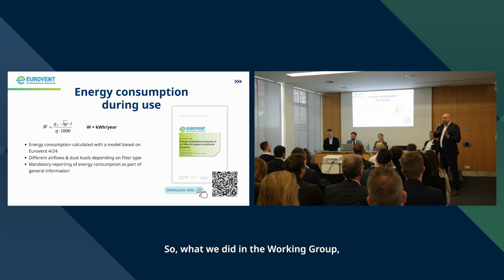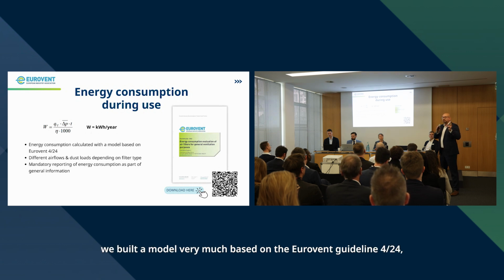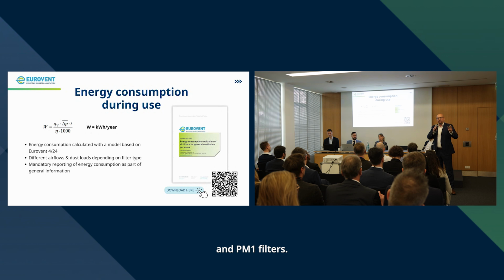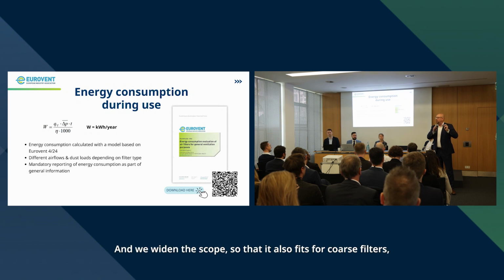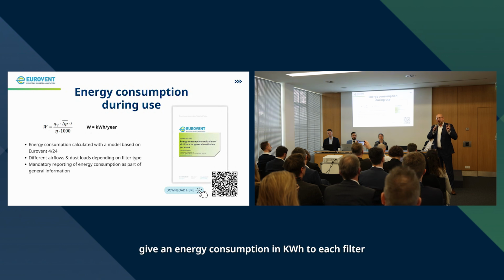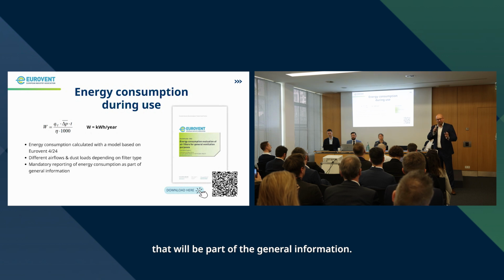So what we did in the working group, we built a model very much based on the Eurovent guideline 424, which is already existing for comfort filters, so PM10, PM2.5, and PM1 filters. And we widened the scope so that it also fits for coarse filters, for molecular, for HEPA, and may find a way to give an energy consumption in kilowatt hour to each filter that will be part of the general information.